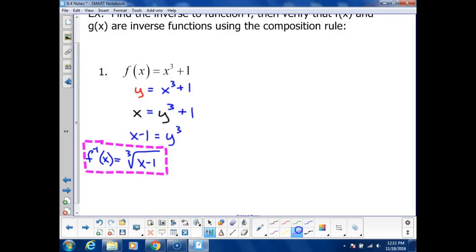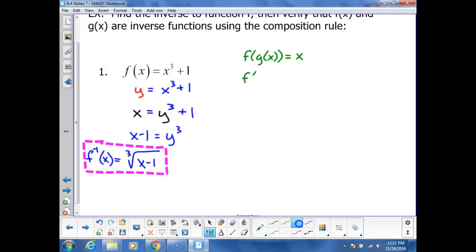Second part is use the composition rule to figure out that it truly is the inverse. So I'm going to call f inverse of f here, and I'm going to use that as my g of x. So the first one is we need to say f of g of x is x.